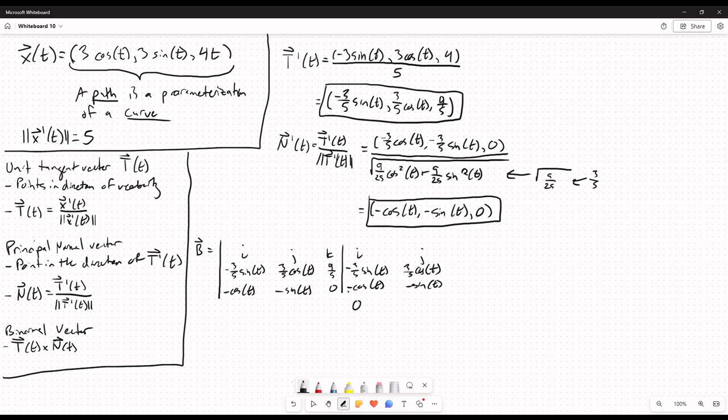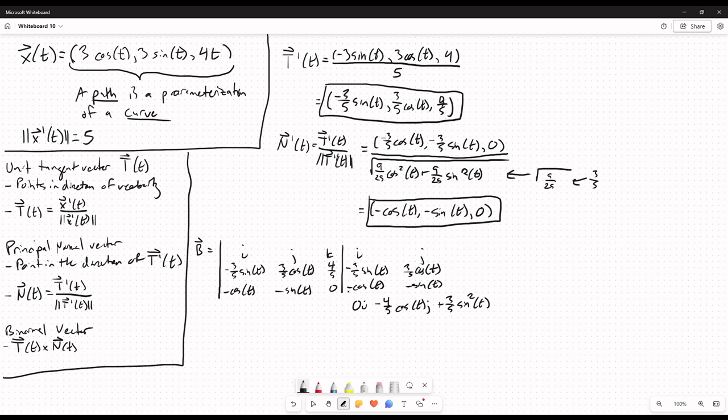So we'll have a 0 term for that i. We'll have minus 9/5 cosine of t, j. Then we'll have plus 3/5 sine of t. That's a 4, not a 9. Silly me. Plus 3/5 sine squared of t, actually, because we have sine of t and sine of t there.